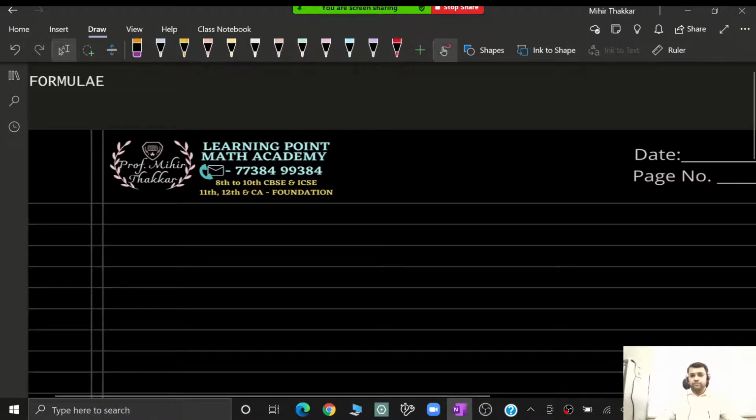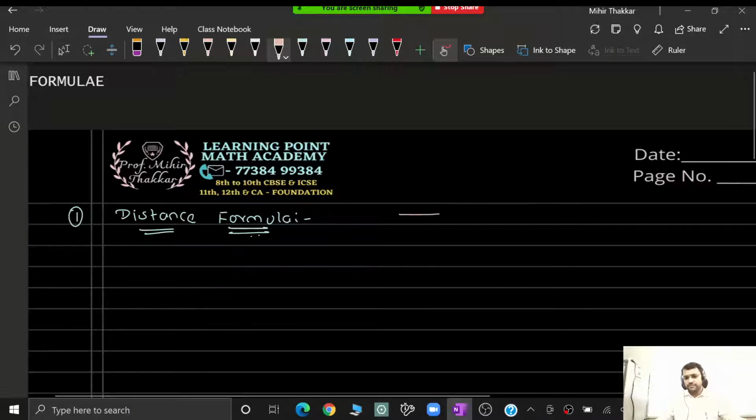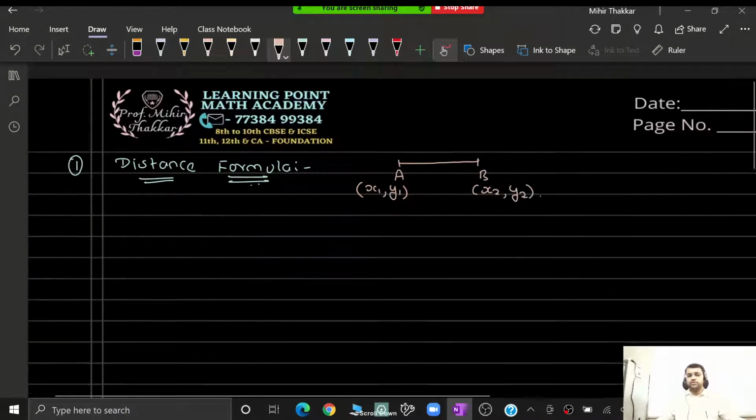Some important formulae. Write down everybody, point number 1, the distance formula. Suppose you have 2 points A and B having the coordinates (x1, y1) and (x2, y2).